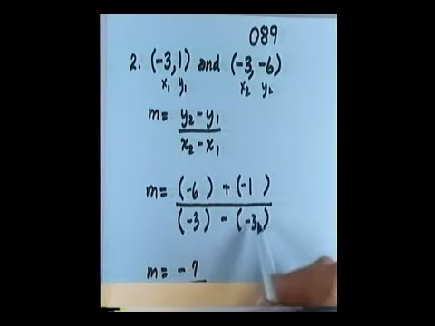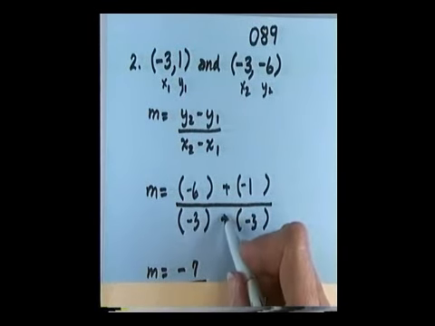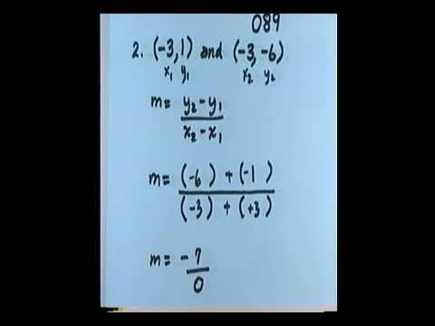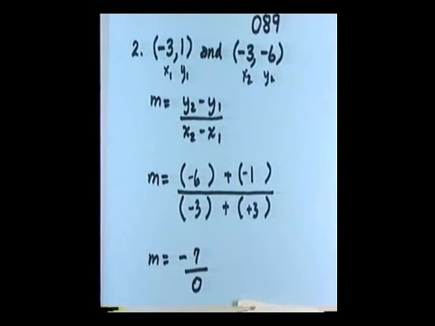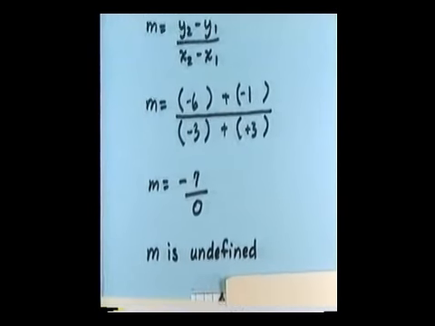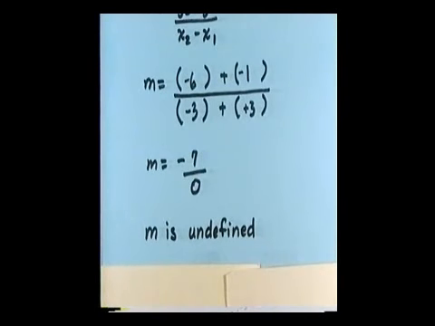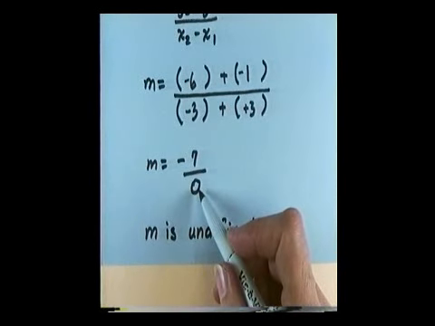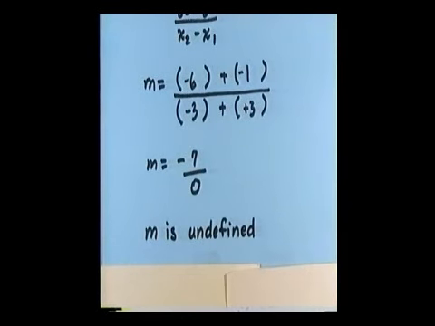And negative 3, subtract negative 3, which is negative 3, add positive 3, which is 0 for the denominator. And now you should be thinking, there's something wrong with that. Well, anytime we have a 0 denominator, the fraction is undefined, which means this slope is undefined.